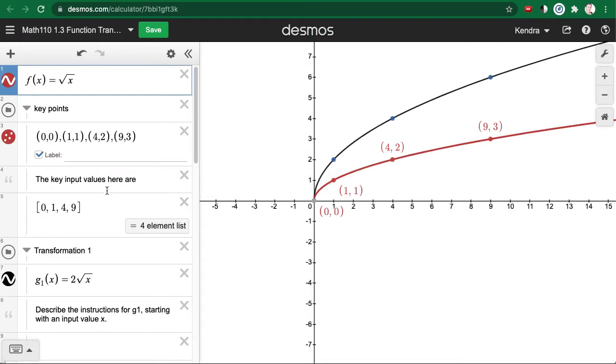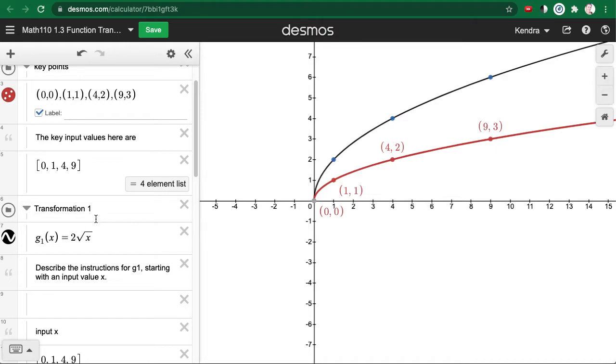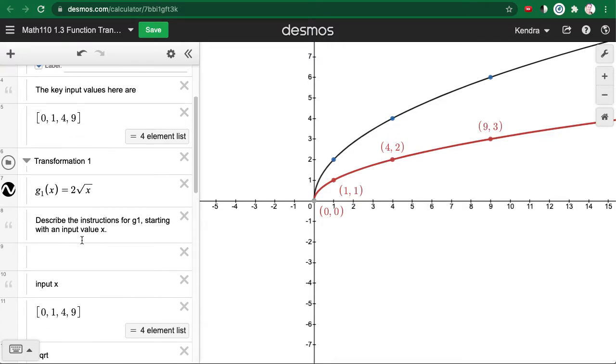All right. So we could think about what is happening in this transformation when I apply the function, this is the base function, square rooting. When I apply the base function and then multiply by 2, the effect of that is scaling all of the vertical coordinates by 2.